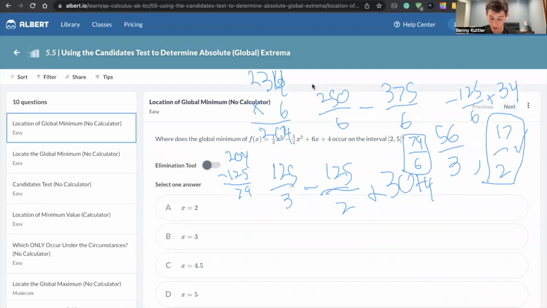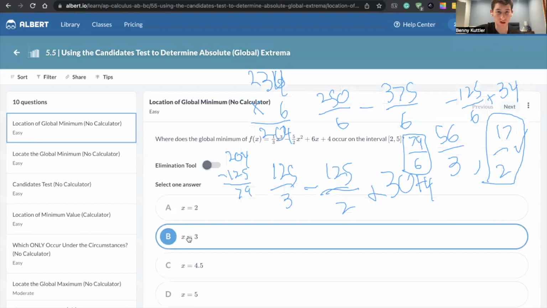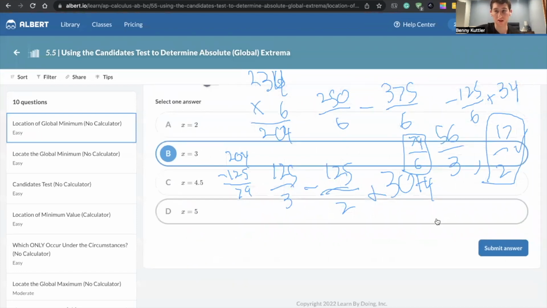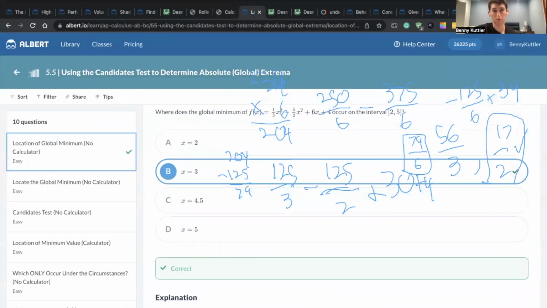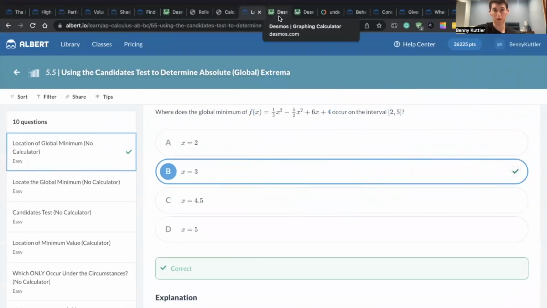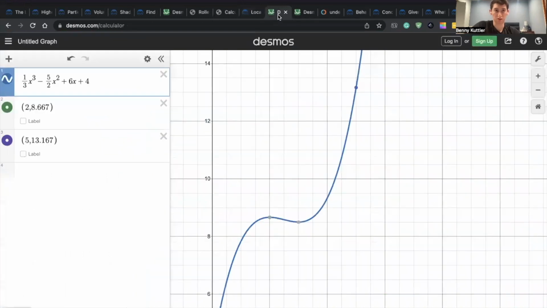So if we remember, this occurred at x equals 3. So x equals 3 is going to be our, because if they just gave us the y values, we'd just be able to pick which one is the smallest. So if we pick x equals 3, that is our global minimum. Hopefully you could follow all that math. But it's just plugging in numbers based on the candidates for when the derivative is equal to 0.